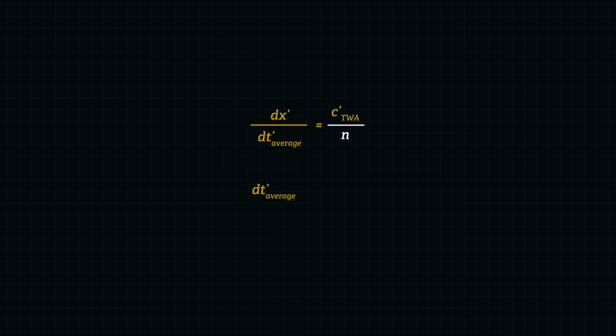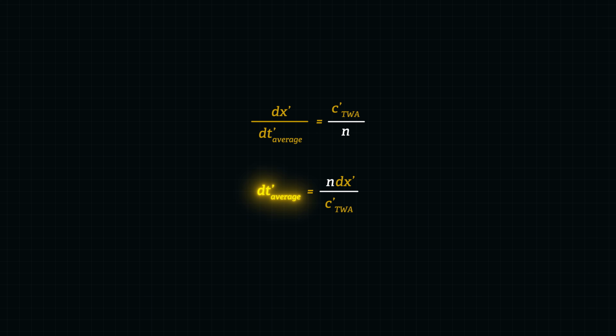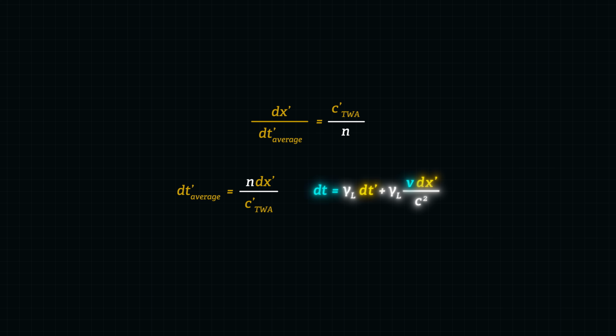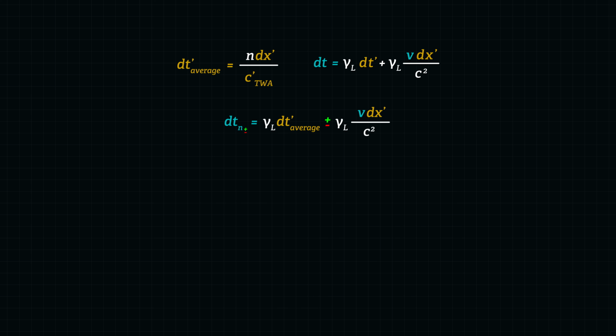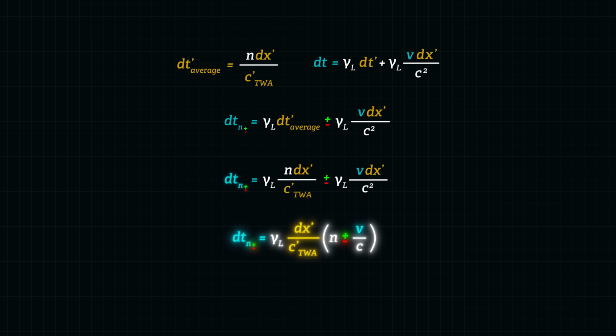From this, we can derive the average value for dt' for a refractive medium, n times dx' divided by c' sub twa. Now, we're allowed to use the Lorentz transforms in the stationary frame even when there's only one clock. So if we use this average value of dt' in a Lorentz dt transform, we get a formula that solves for dt plus or minus in a refractive medium.